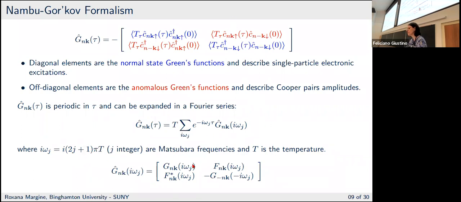If we write it in a more compressed form, we will call the diagonal terms G, the normal Green's function, and the non-diagonal terms the anomalous Green's function, which are in general labeled with F. The key thing right now, in order to solve the equation as we will see, is to find an expression for this Green matrix.